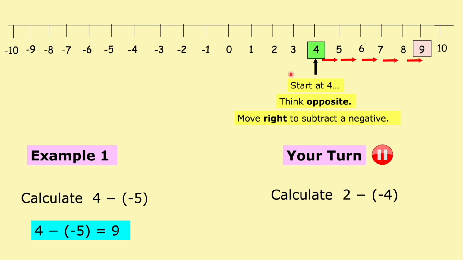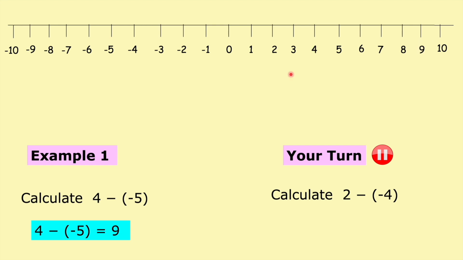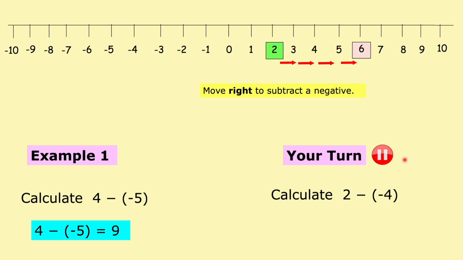Okay, so hopefully you will have drawn out your number line, started at 2, and thought about the opposite because we're subtracting a negative. So let's move right when we're subtracting a negative. So 1, 2, 3, 4 places, and you should have got to 6. So 2 subtract negative 4 equals 6.